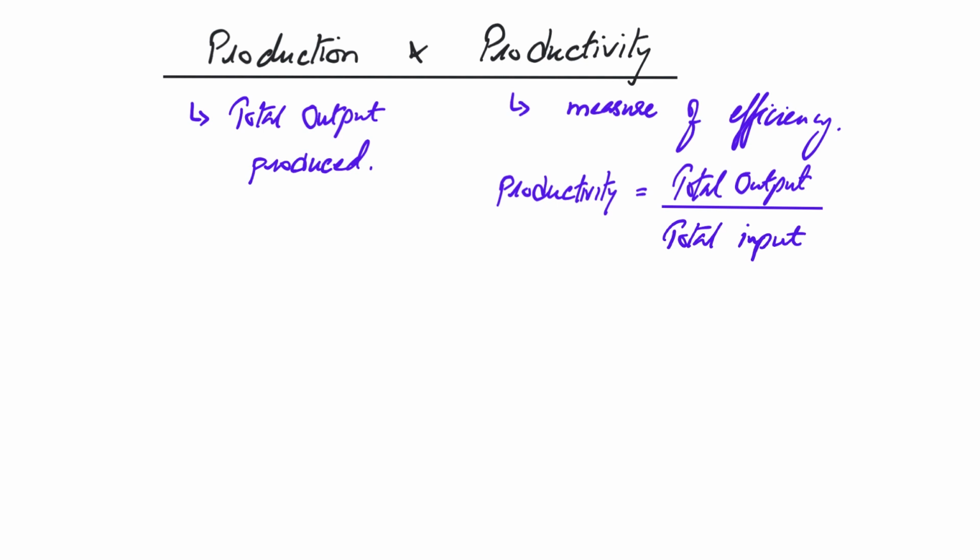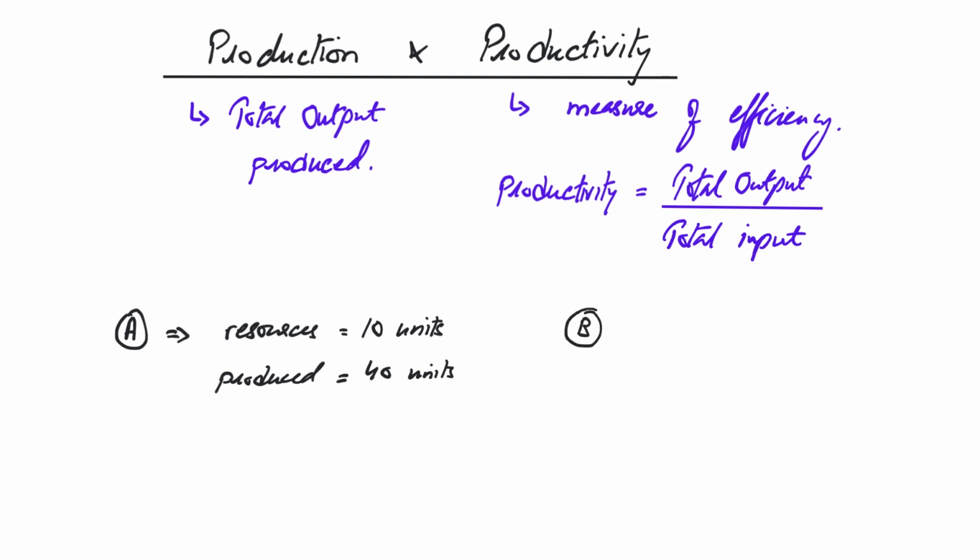Productivity will be measured. For example, I say there is a business A. Business A ne resources ke point of view se, they've used 10 units of resources, and they have produced say 40 units of the output, and firm B ne resources let's say use kiye hain same 10 units, aur usne produce kiya hai 20 units.